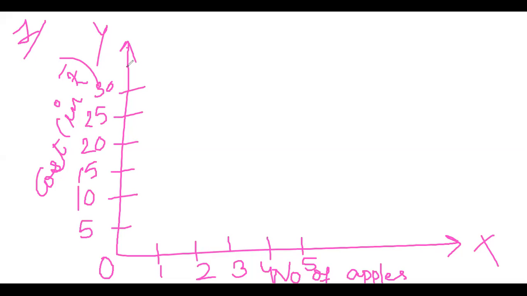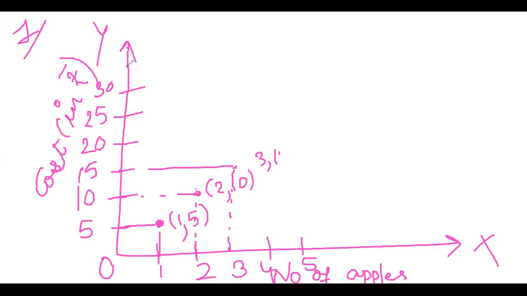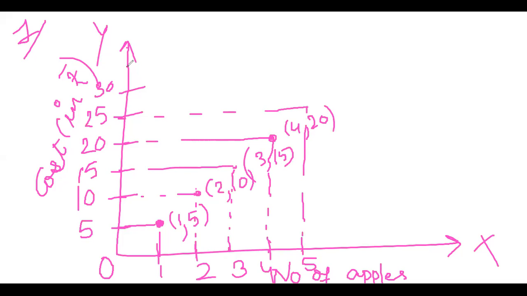So we'll take it like this, x1 y5, this point 1 comma 5. Then cost of 2 apples is given here 10, so x2 y10, x3 y15 is given here, x4 y20, x5 y25.